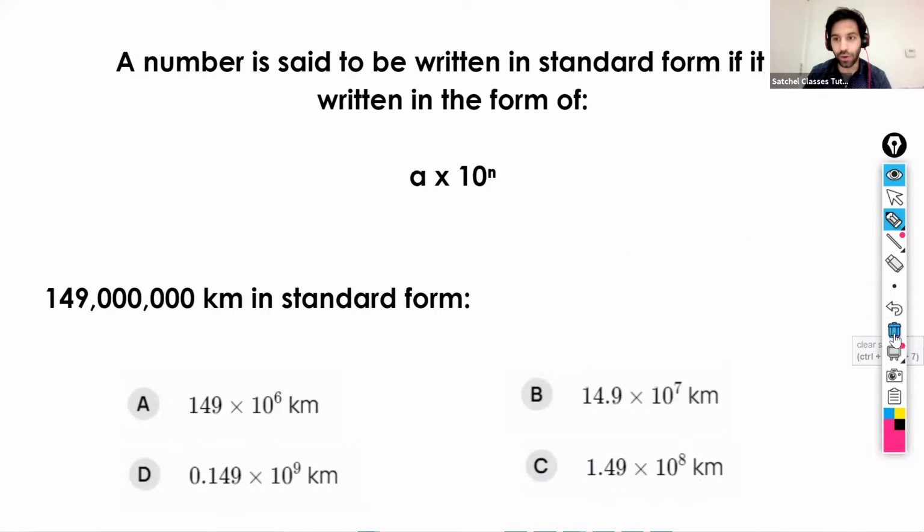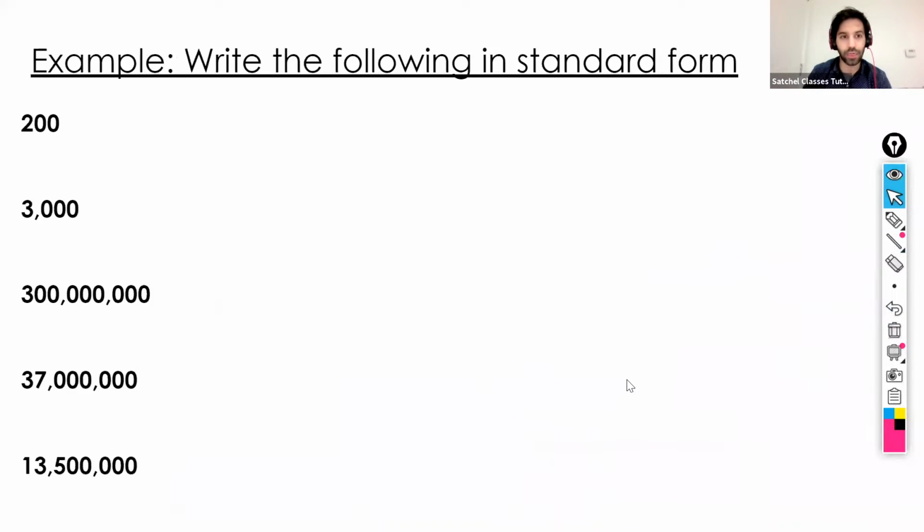All right, so if we move on and see how we can write some numbers in standard form then. We have 200. Now 200 normally wouldn't be written in standard form, but I've got this here just to see how we would write easier, smaller numbers in standard form if we ever had to.